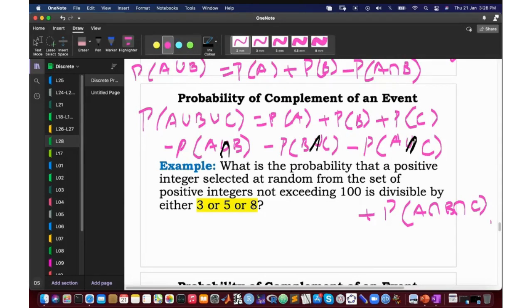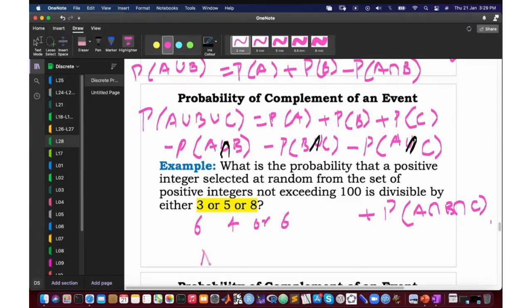If you have numbers, for example, let me try to figure out an example. Let's say you have numbers divisible by 4 or by 6.